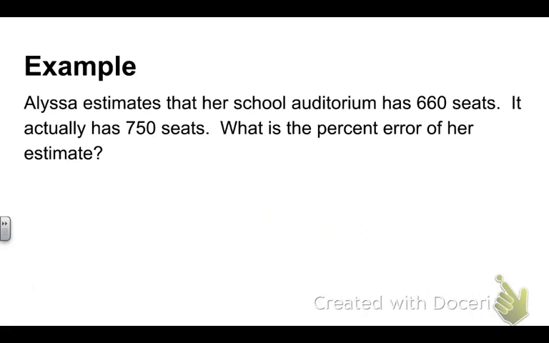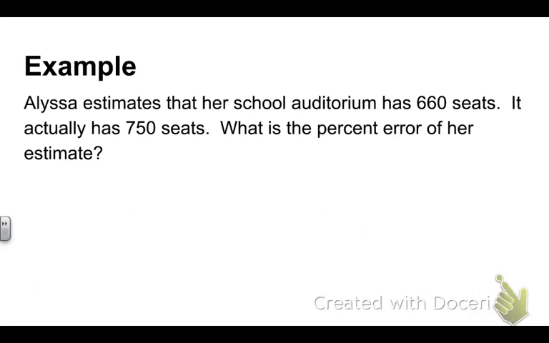All right, so our example here. Alyssa estimates that her school auditorium has 660 seats, and it actually has 750 seats. So what is the percent of error in her estimate? Basically, how far was she off? So what we need to do is we need to subtract.